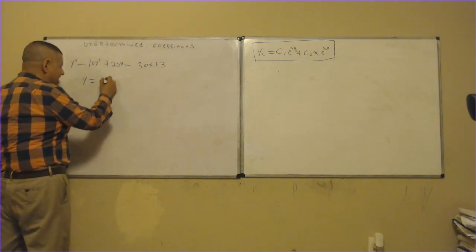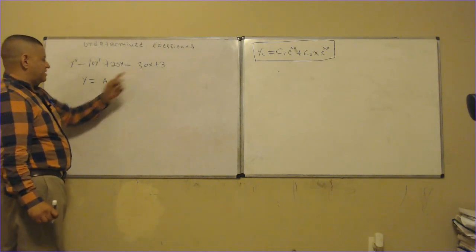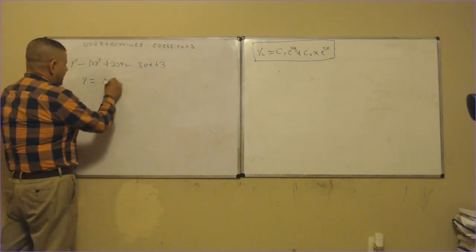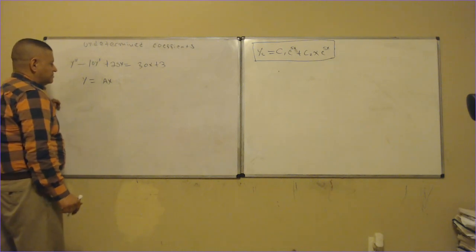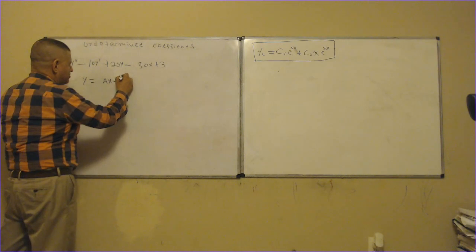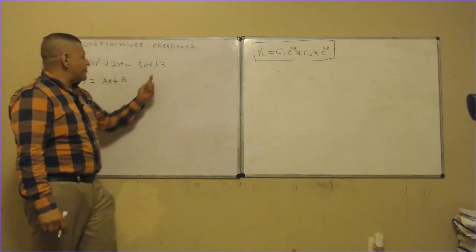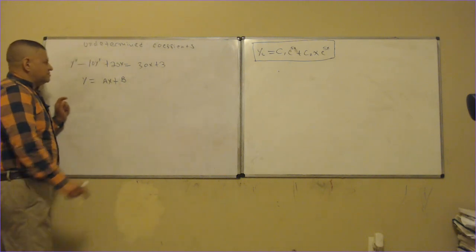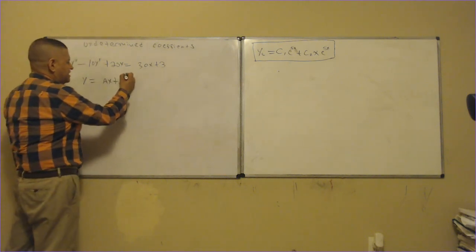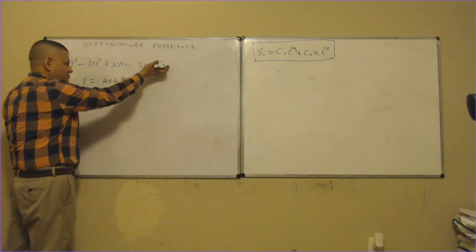It's equal to a, the first constant that I have right here, ax plus b. Why? Because I have a 3 exponentially, and this is e to the 0 power. So b to the 0 power is equal to 1, which is equal to that 3 right there.